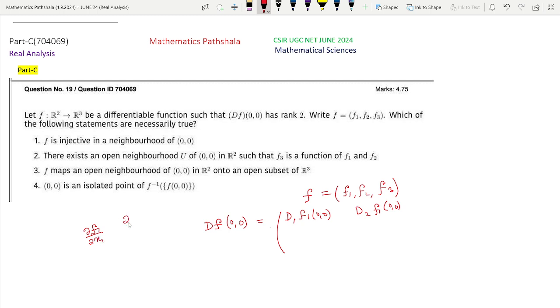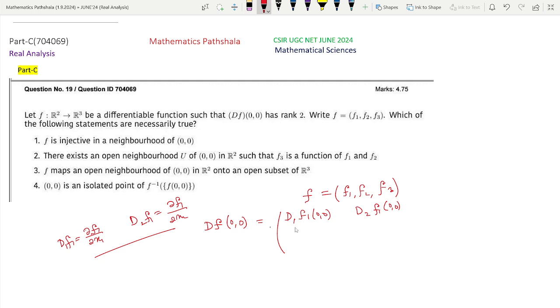and this d2 f1 is actually del f1 del x2, in this way.